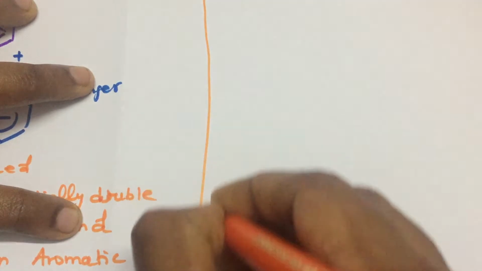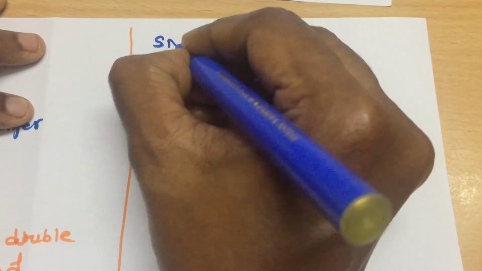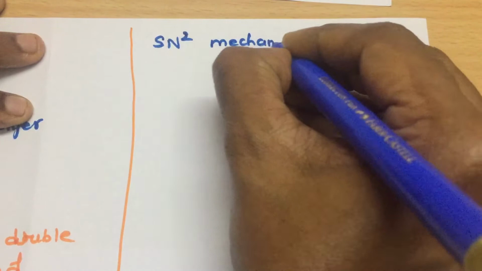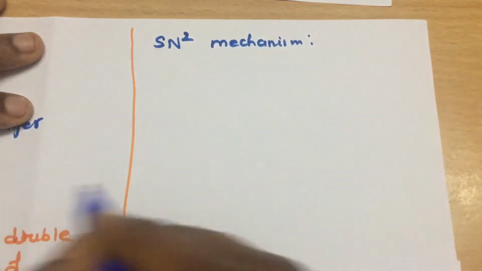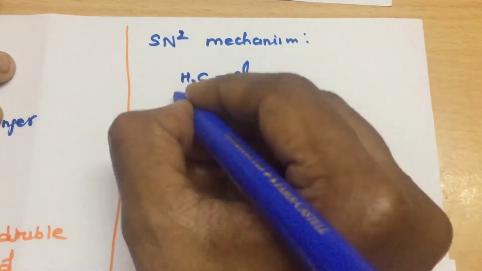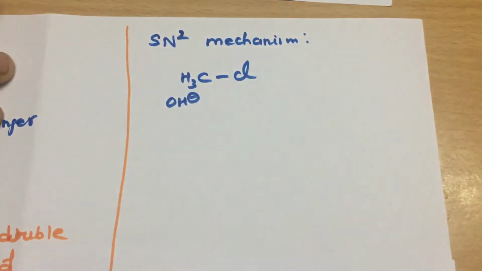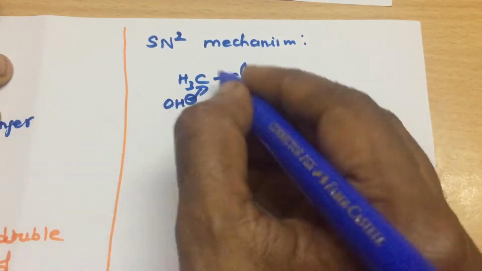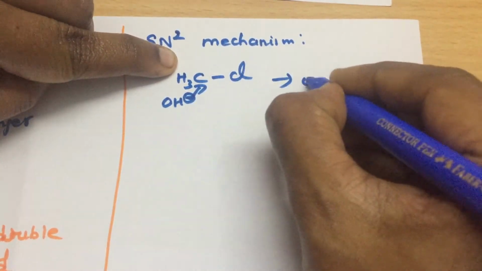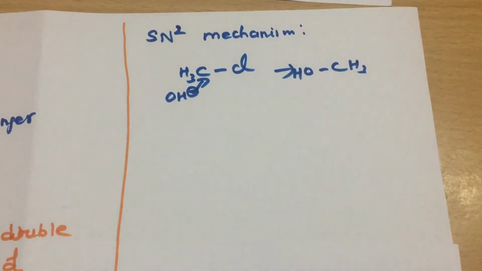First of all, what will you think when you think of the substitution reaction? You will think about two mechanisms, isn't it? First of all, the SN2 mechanism. So in the SN2 mechanism, what will happen? If you have an alkyl halide, from the rear attack, from the backside attack, you can replace it with a hydroxyl group.